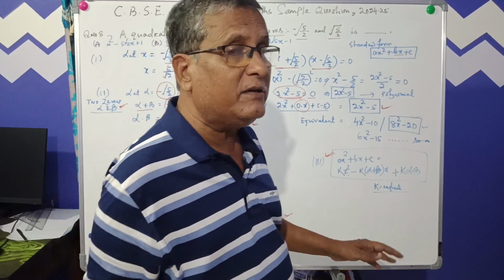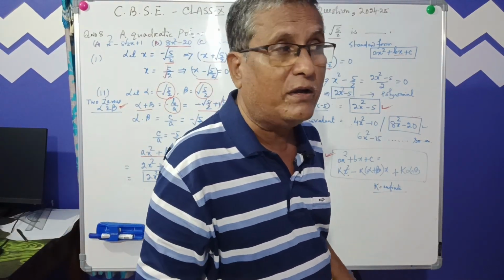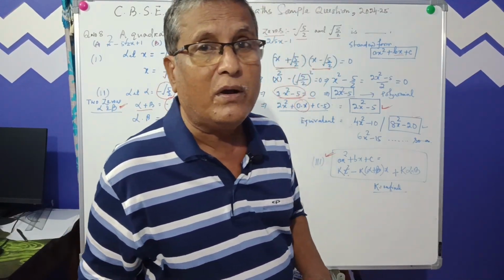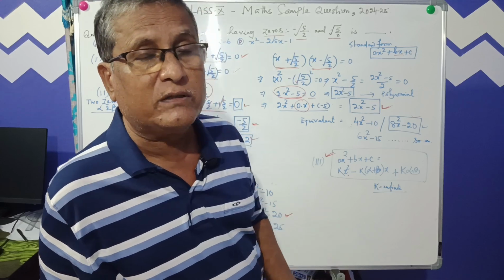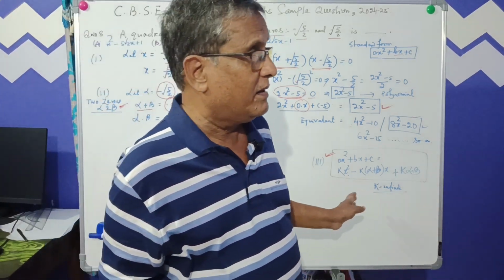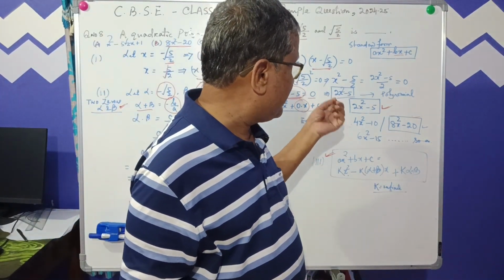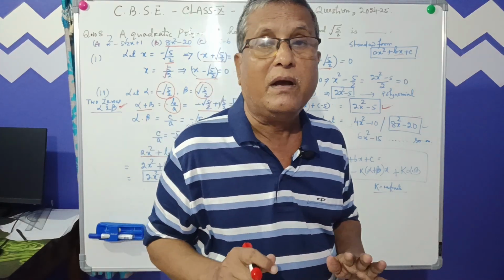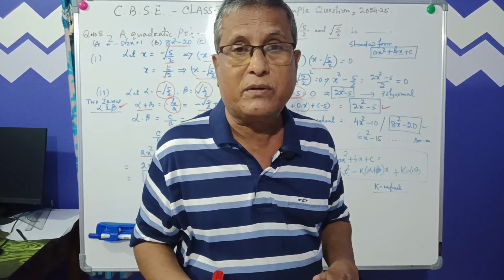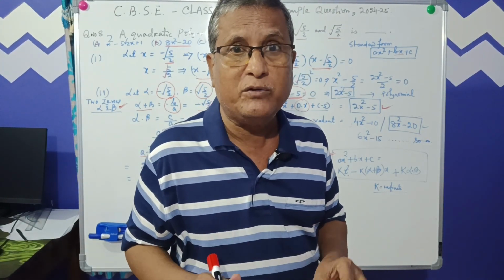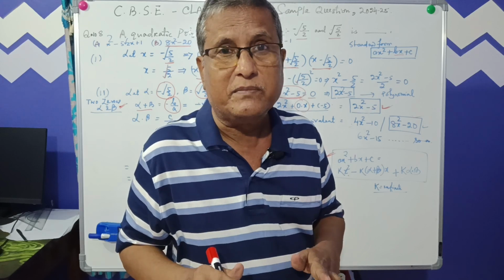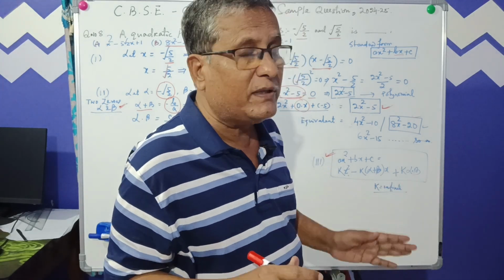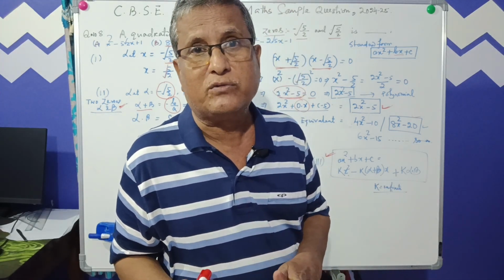This question was set in the 2002-3 examination. So please be careful of this concept. This concept is very useful, appears very simple but is a tricky question, and you please apply your thought and the good concept that you have developed so that you can arrive at the right solution.